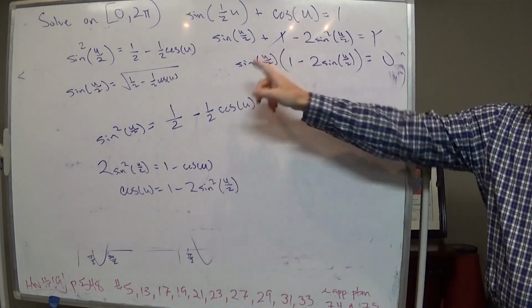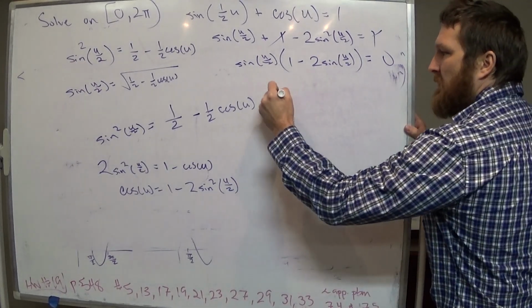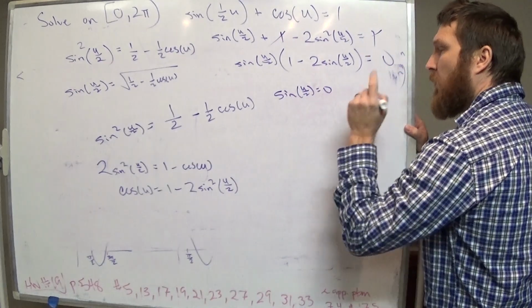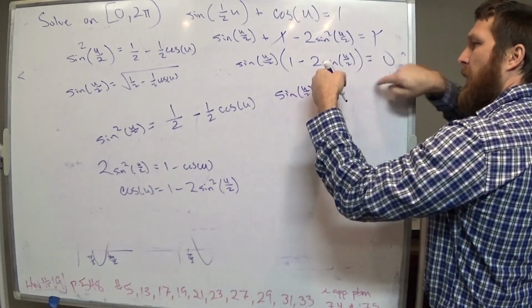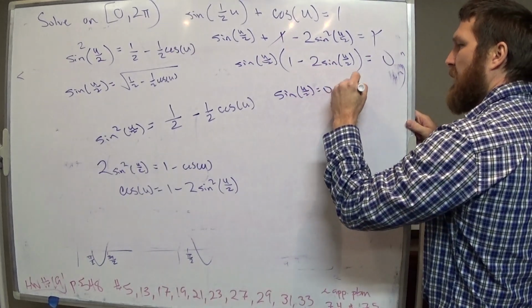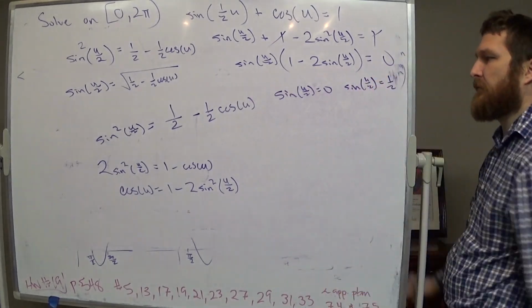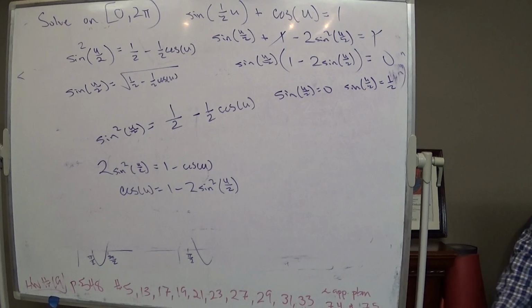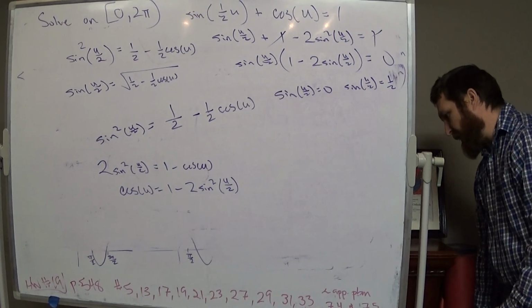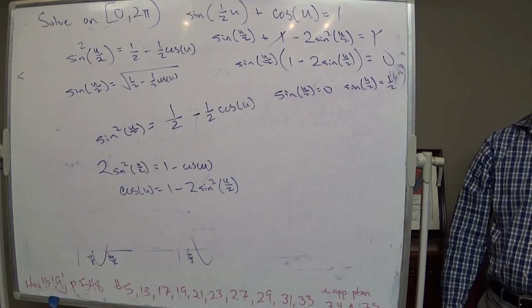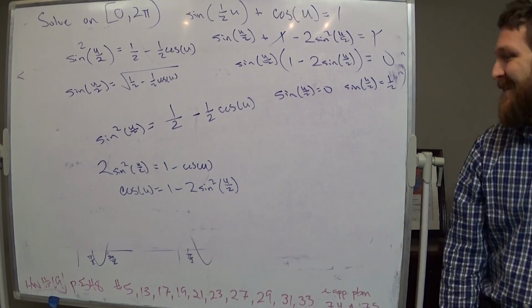And then we have two equations: sine u over 2 is equal to 0, or that would come over and we would have sine u over 2 is just positive 1/2. Okay. And then from there, that stuff we've done 100 times. So, cool? Yeah. So it was just, it looked like 1 over 2u.